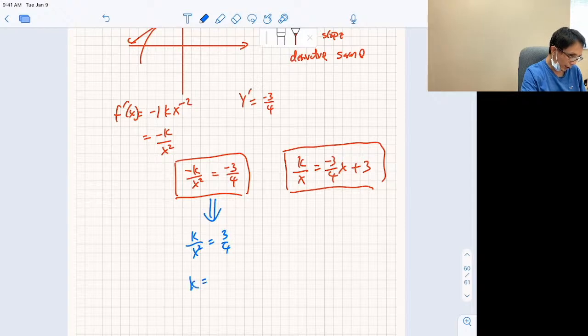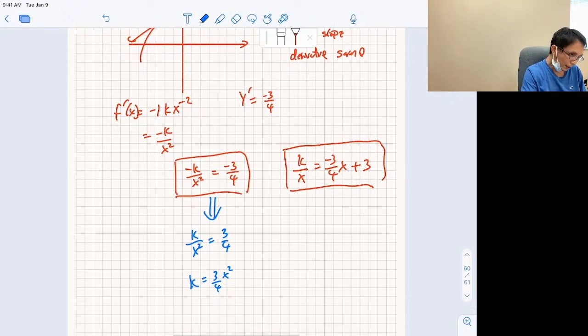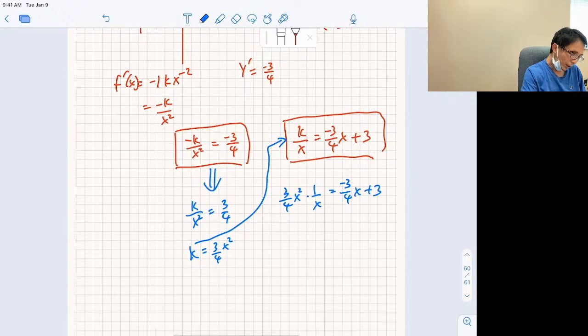So k is equal to 3 over 4 times x squared, moving x squared to the other side. Now I'm going to substitute this k into here. That means 3 over 4 x squared times 1 over x is equal to negative 3 over 4x plus 3. Then the x is going to cancel out, so that's going to be 3 over 4x is equal to negative 3 over 4x plus 3.